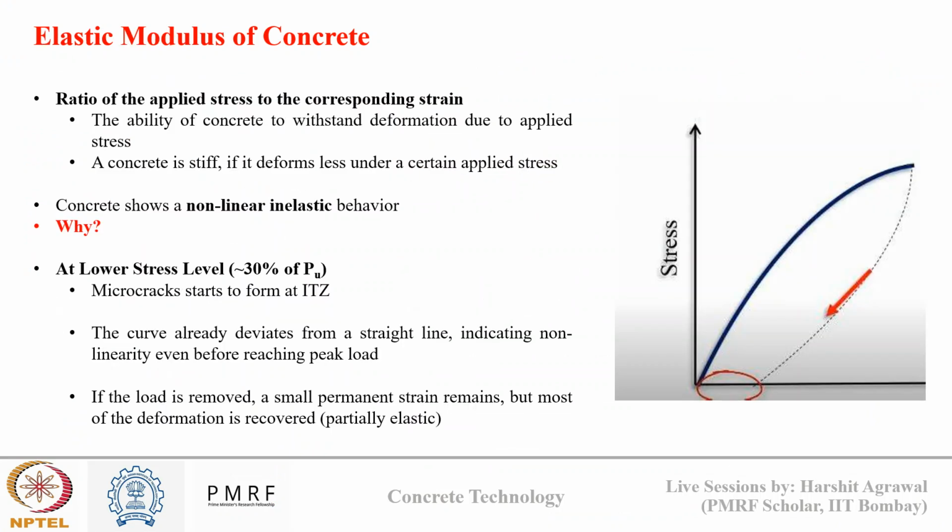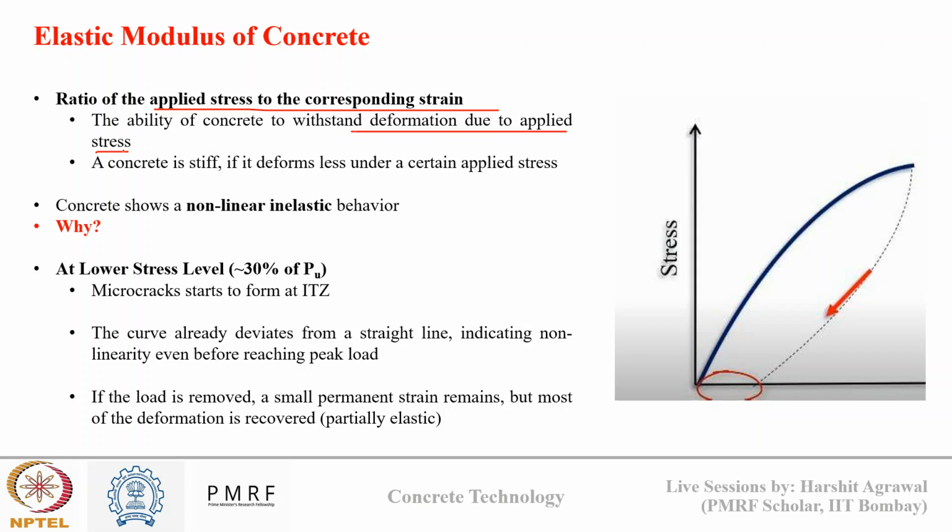Now the next part that we will be discussing is the elastic modulus of concrete. What is elastic modulus, or generally, modulus of elasticity? Simply, it is the ratio of applied stress to corresponding strain, which determines the ability of concrete to withstand deformation due to applied stress.